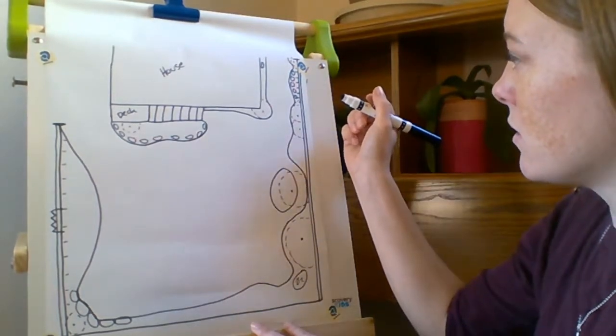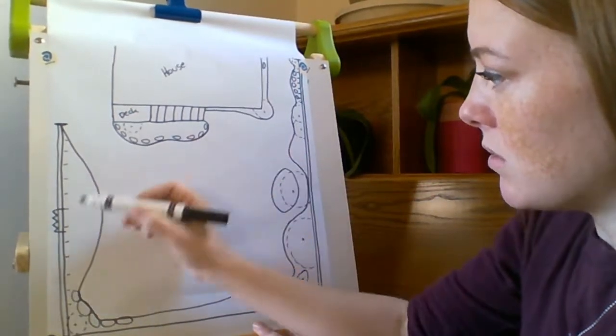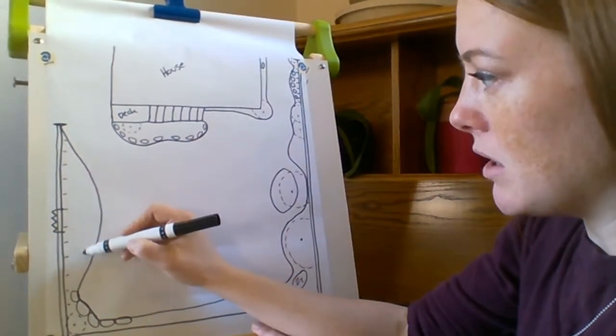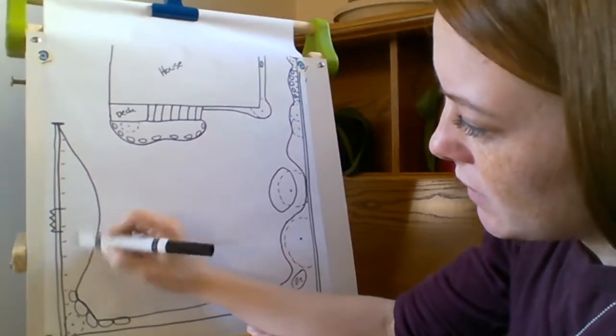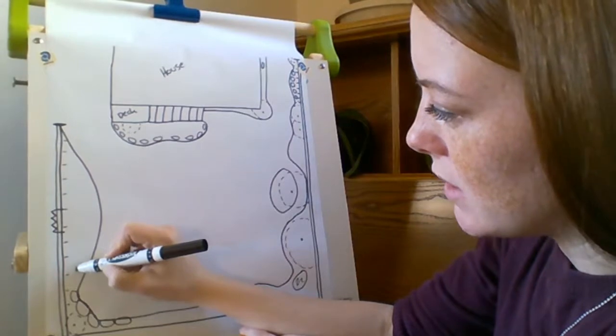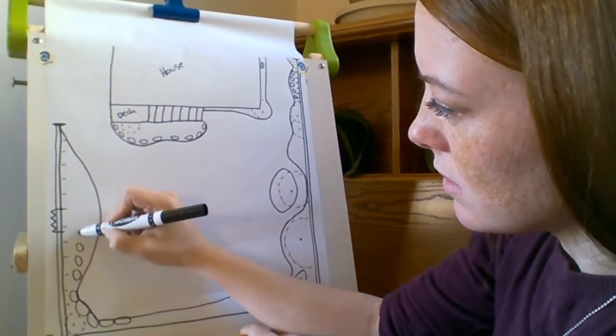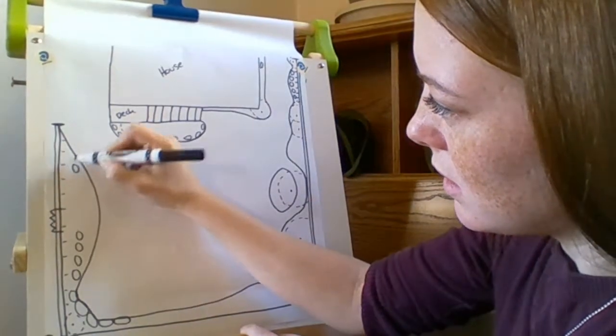And then, let's see. We definitely need some tomatoes. And I'm sort of thinking that I want to have most of my tomatoes in this area right here. I love tomatoes and I love to sell tomatoes. So we'll go ahead and put the tomatoes in there.